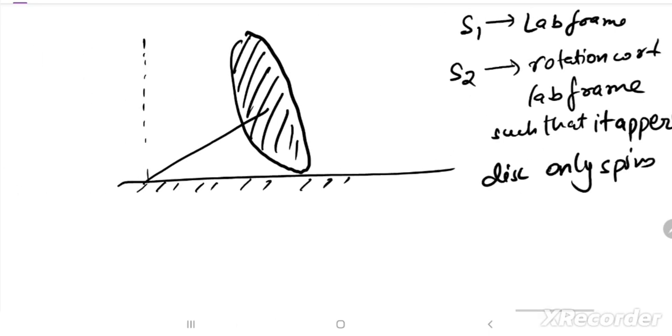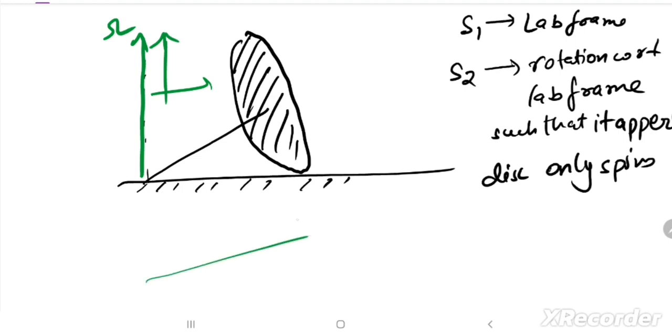Means if the orbital angular velocity is omega vector, then we consider a frame which is rotating with omega vector in the anti-clockwise direction as viewed from above. So in this frame it will appear that the disk is just rotating. It will only have the spin angular velocity rather than the orbital.